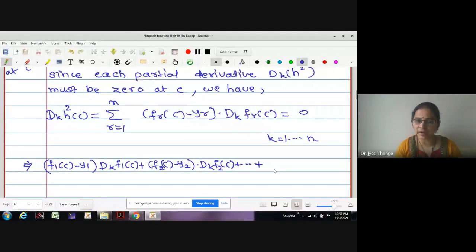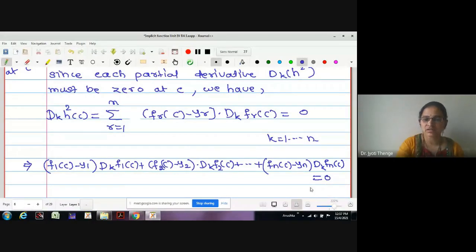Continue up to n. This is (fn(c) minus yn) into dk fn at the point c, equal to 0. Correct now? This is the equation.